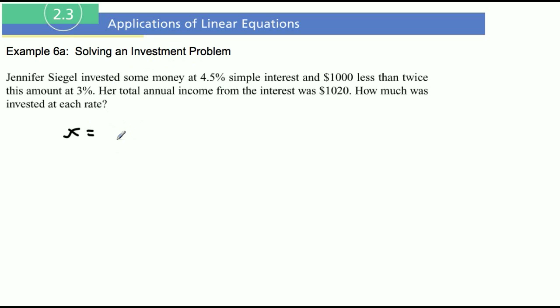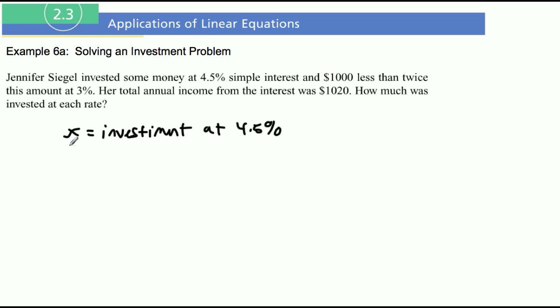My x is going to be my investment at 4.5%. I don't know what that amount is, but I do know that we invested some kind of money at 4.5%.